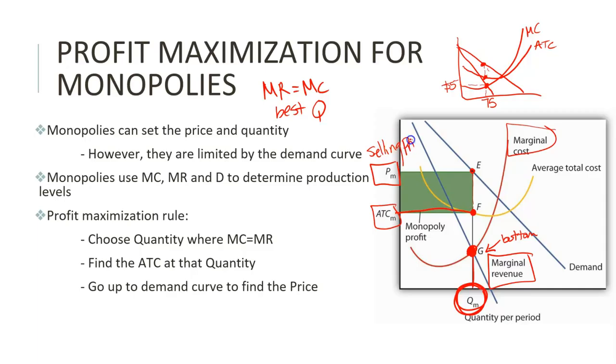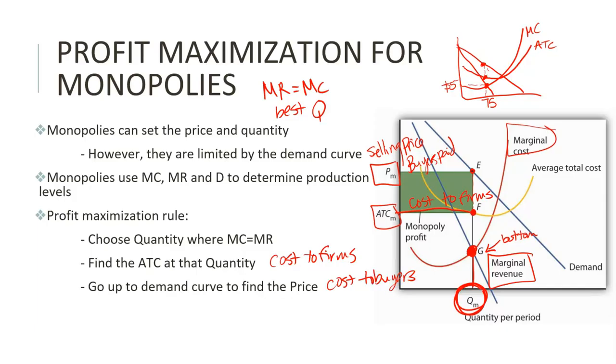This is going to be what our buyers pay. And average total cost is going to be the cost of production. So this is what our sellers had to pay, the cost to firms. Okay, so average total cost is the cost to firms. Go up to the demand curve to find the price, which is the cost to buyers.